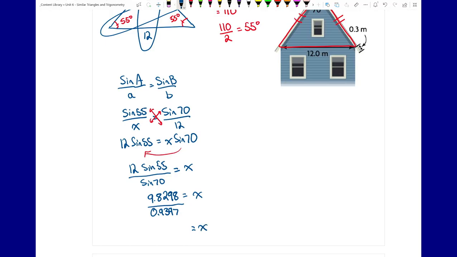So when I go through and simplify this further, we get a value of... that doesn't make sense. 12 times sine 55 divided by sine 70. There we go. So we get 10.46. We'll say 10.5. So 10.5 is my value for x.